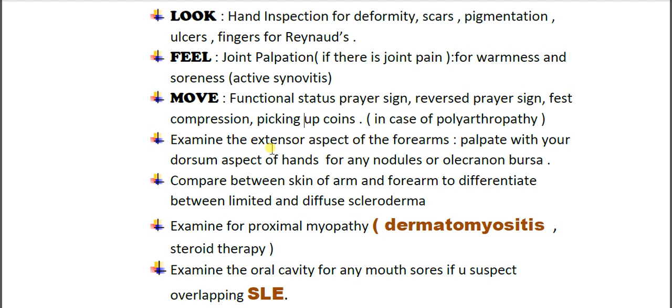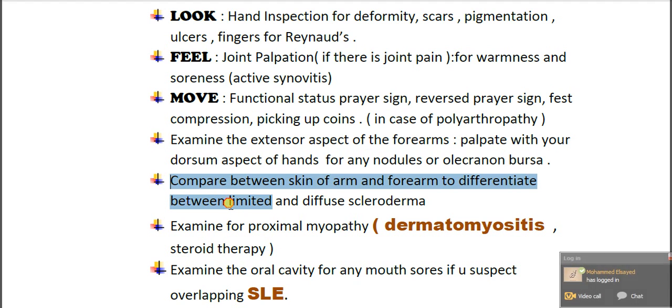We can examine the extensor aspect of the forearms by palpation with the dorsum of the hand, to look for rheumatoid nodules. Why? Because this patient may have rheumatoid arthritis as an overlap.